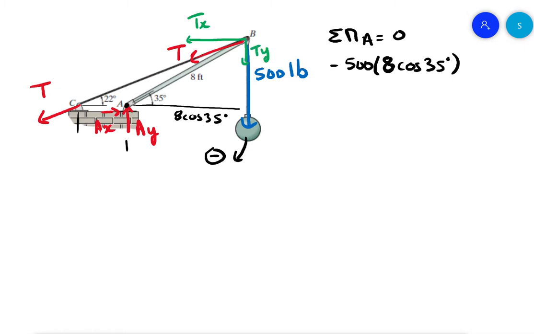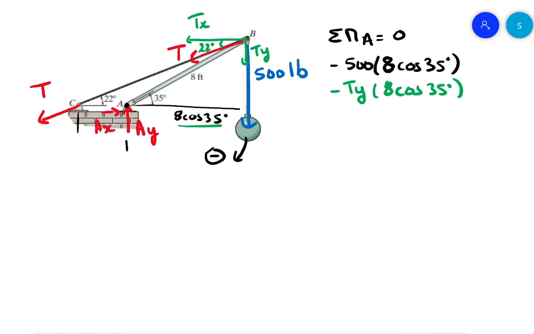And we have the 22 degrees that is the same as this one, the internal angles. So for the moment about A, Ty tends to rotate in the negative direction. So we have minus Ty times the same 8 cosine 35.